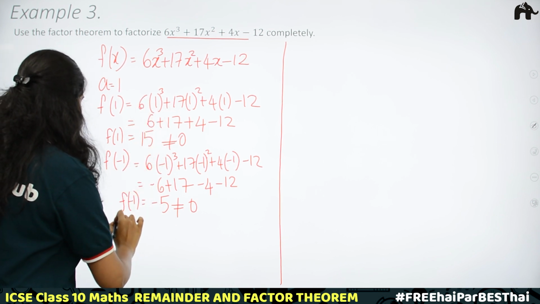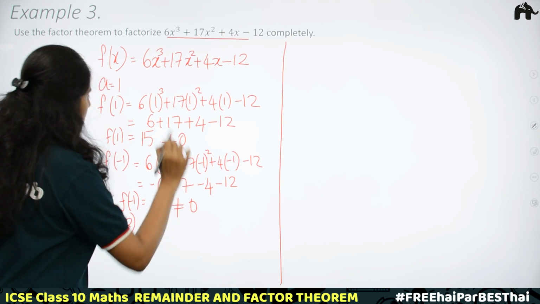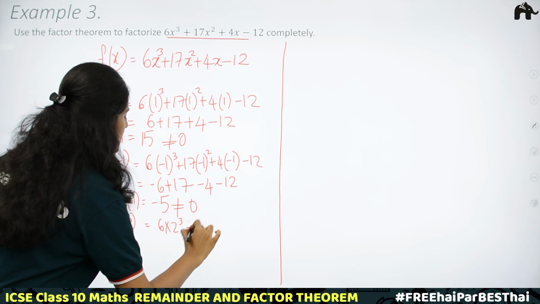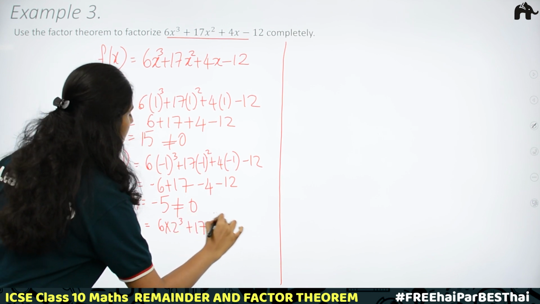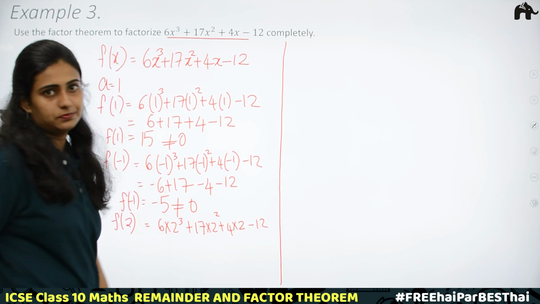Next, try with f of 2. Okay, when you try with f of 2, what do you get? 6 into 2 cube plus 17 into 2 square plus 4 into 2 minus 12.